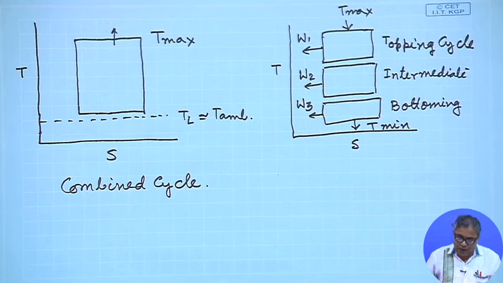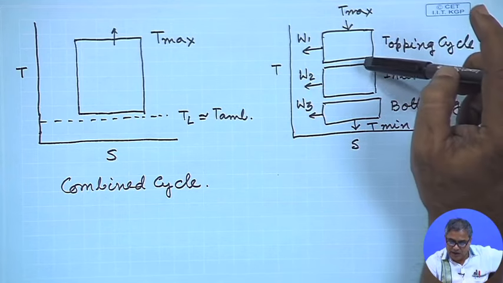So, where we can have much higher efficiency. So, it is good from the point of view of energy conservation, and at the same time one can look into the concept of combined cycle as a waste heat recovery device. Why?